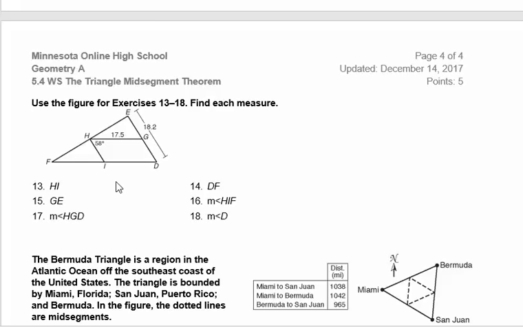And this here will be the same as this and this. So that should be enough to get you started. And then remember that when you have parallel lines cut by a transversal, that creates some congruent angles. So look for things that will be congruent to 58 if you need to find an angle measure.